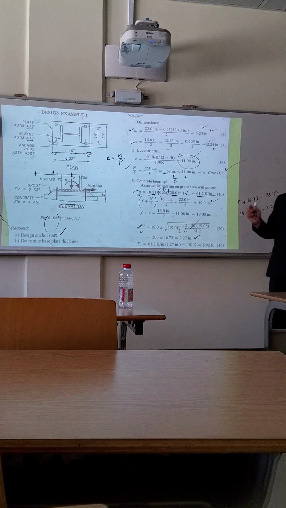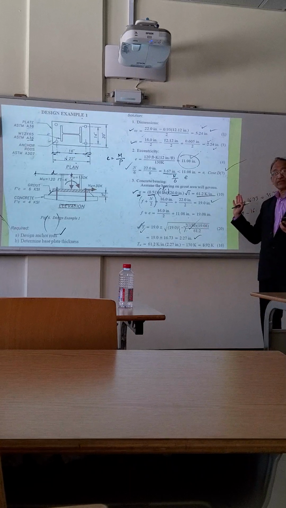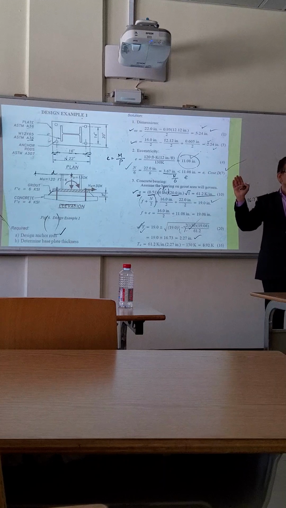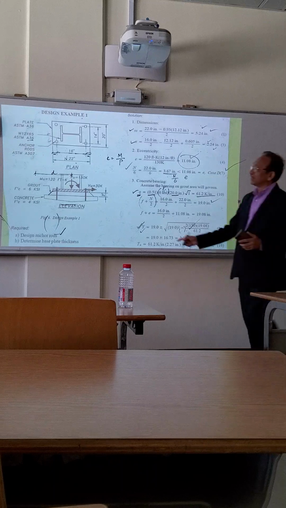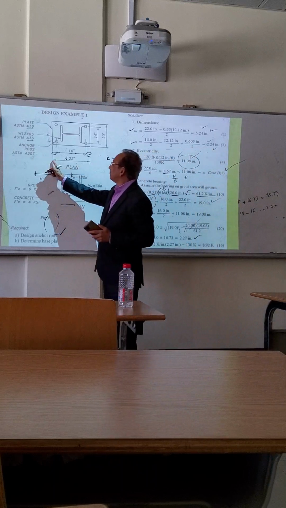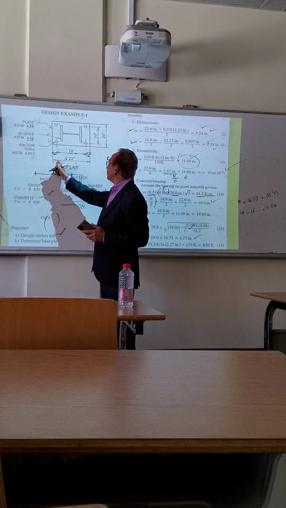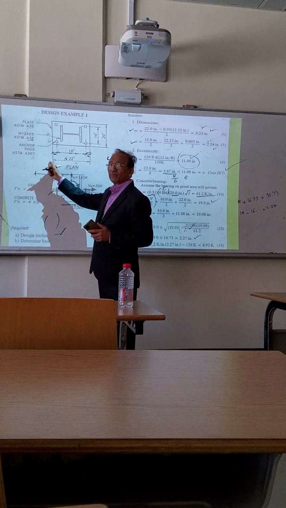Look for the possibilities of this Y. Don't look for small or maximum. This Y is the interface of concrete and the plate. Look here. The maximum value of Y can be only this much, the 35.